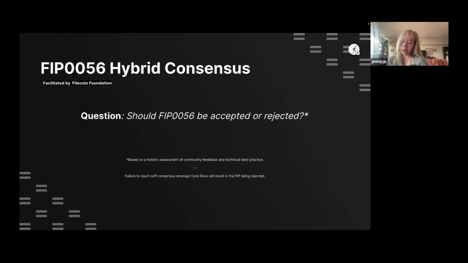I'm also okay with rejecting this for now and maybe revisiting it in 6 months, just because I know there are some concerns from storage providers on collateral. They are not going to get enough collateral to actually commit towards the longer QAP. That's not an issue just with this FIP, it's a general issue that the Filecoin network has today. I know there are a couple of FIPs coming.